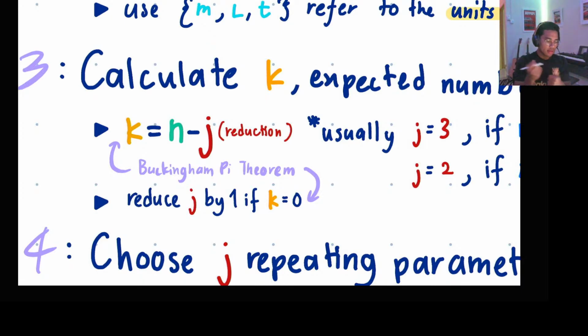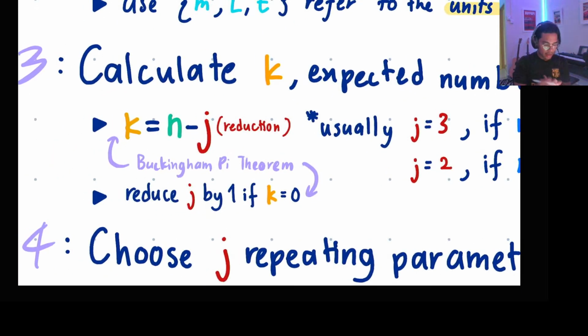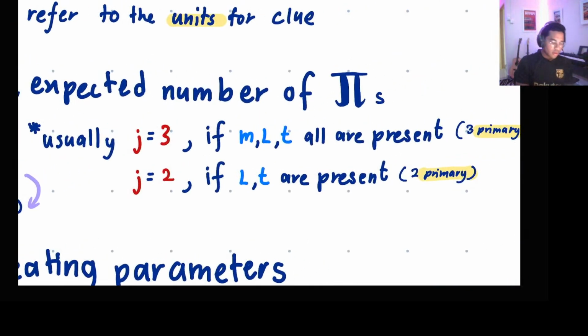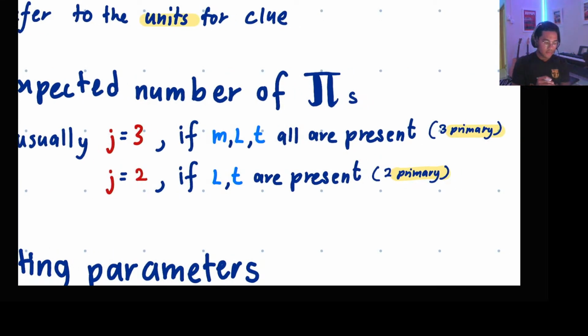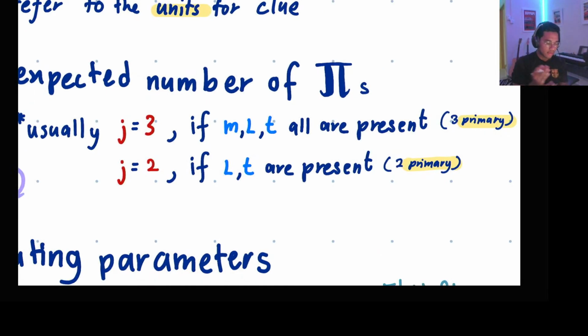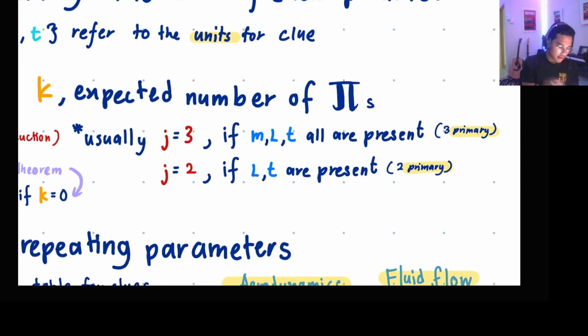K is the expected number of pi, n is the number of parameters, j is the reduction number. How do we know what j is? j equals 3 if MLT are present, which is the three primary dimensions. j equals 2 if only two of the primary dimensions are there.